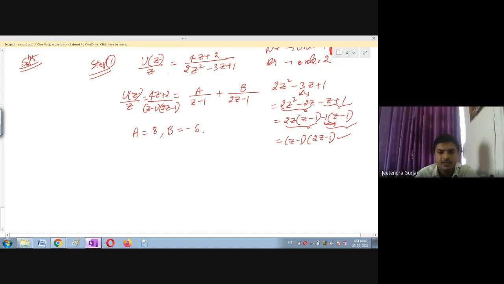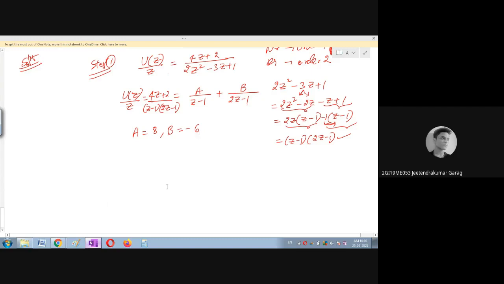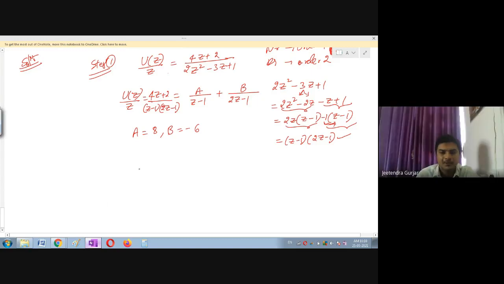Yes, students, please check the answer again. Any doubt in this? Everyone got the same answer? Please check, then we will proceed. Yes, minus 8 and 6, it's the same thing. You have got A is equal to minus 8 and B is equal to 6.